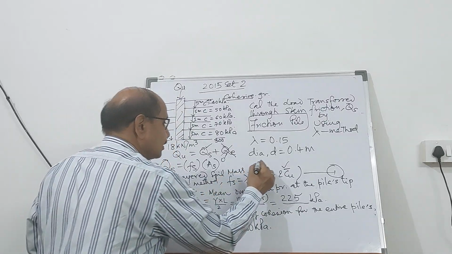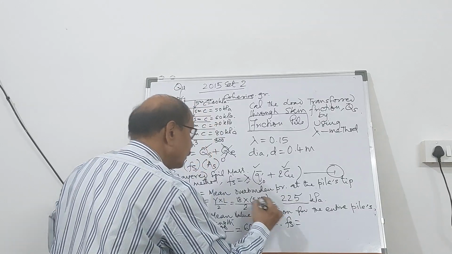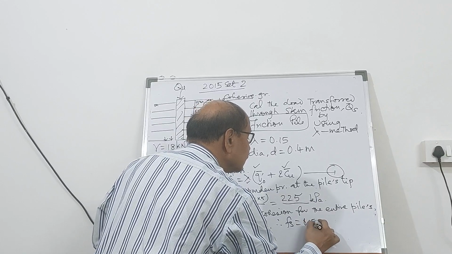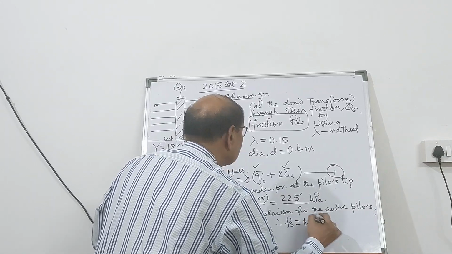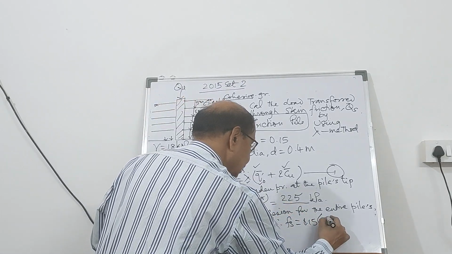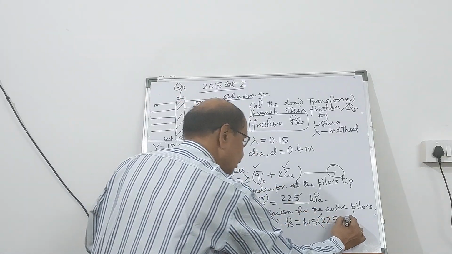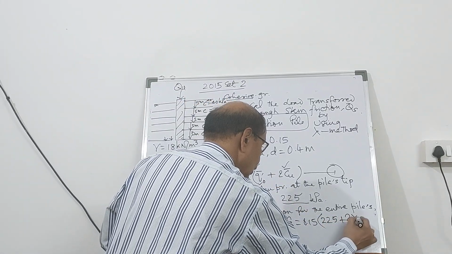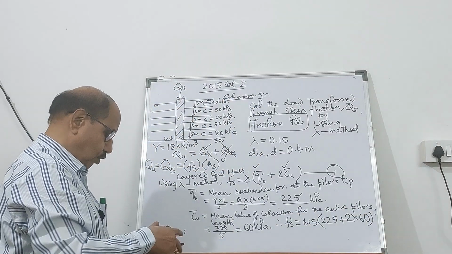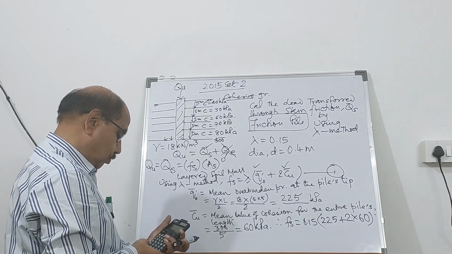So the value of Fs, therefore, is 0.15 into Q naught bar, which is 225, plus 2 times Cu mean value, which is 120.